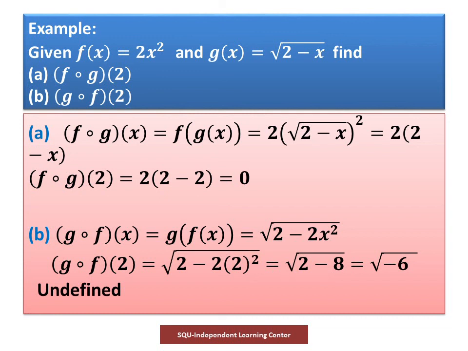This is equal to square root of 2 minus 2 times 2 squared, which is equal to square root of 2 minus 8. As we see, this is square root of minus 6. So g circle f of 2 is equal to square root of minus 6, which is undefined, meaning that 2 itself is not in the domain of the function g circle f of x.